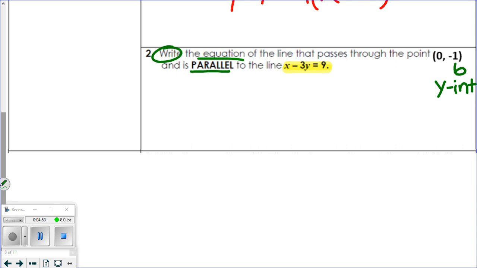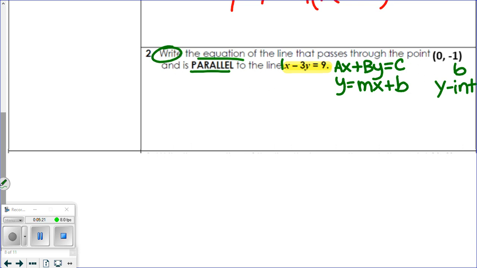So this currently is ax plus by equals c. So my A here is just 1, B is -3, C is 9. But we need to convert this to slope-intercept form, which is y equals mx plus b, so that I know what my m or my slope is.